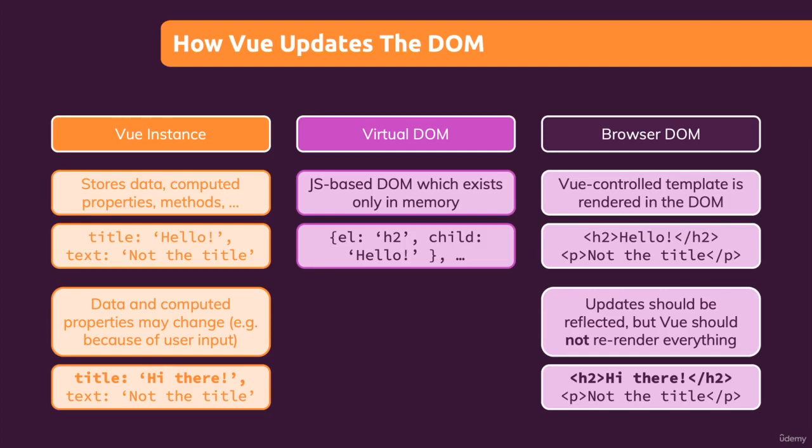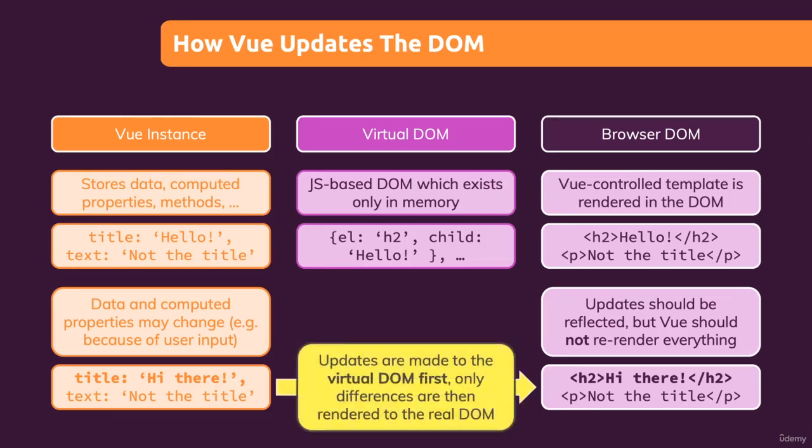And when data changes, it basically just creates a new virtual DOM, you could say, and compares the new virtual DOM to the old virtual DOM, and only differences between those two virtual DOMs are written to the real DOM. And that is way more efficient because doing such comparisons and updates in a virtual DOM and therefore entirely in memory is way more efficient than doing it in the real DOM, which was rendered to the screen. And that's how Vue does that behind the scenes.